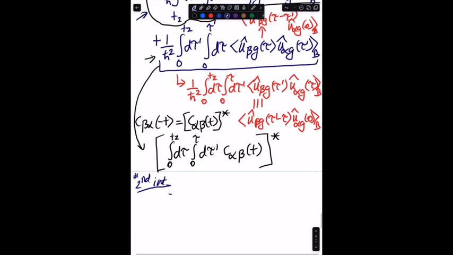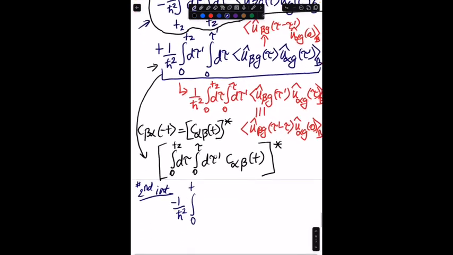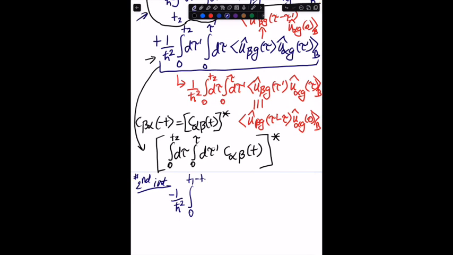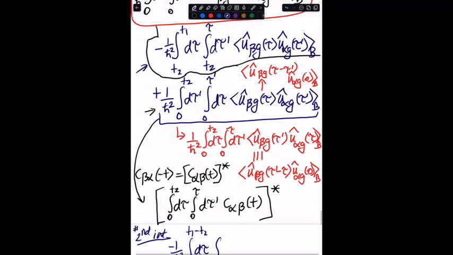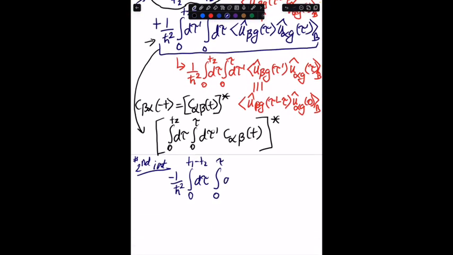So the second integral can just be written as minus 1 upon h bar square, 0 to t1 minus t2, d tau, 0 to tau, d tau prime, and then you have u hat beta g tau, u hat alpha g tau prime. I hope this is clear.